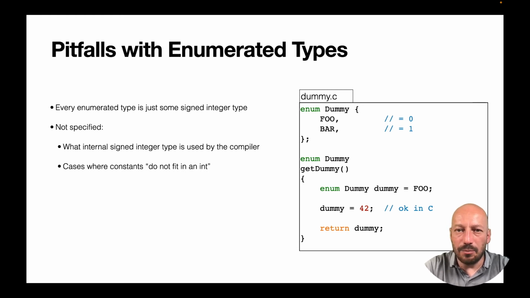In C, enumerated types are just signed integer types. You will see on the website some extract from the C standard that the compilers actually have some choice what internal type actually will be used, but it could, for example, be int, and then you just can store in such a variable all values that are representable with an int.